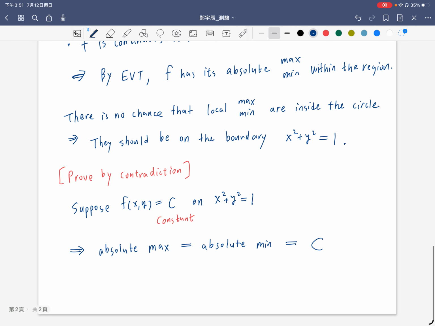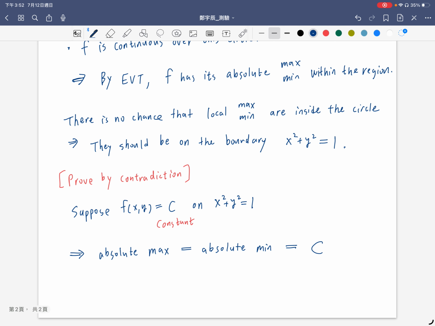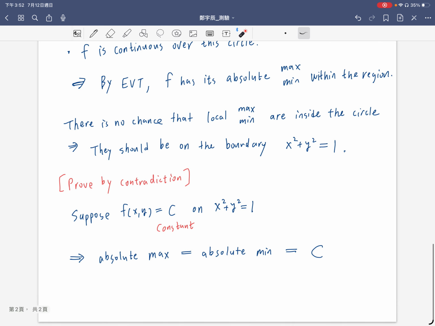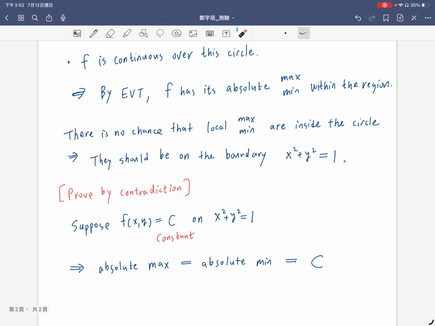All right. Now we have shown the absolute max and absolute min of the function is c. So the highest value and the lowest value of f should be c.